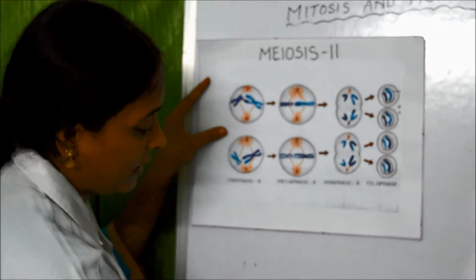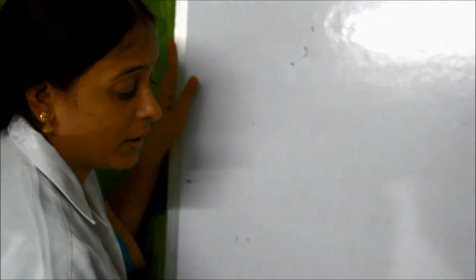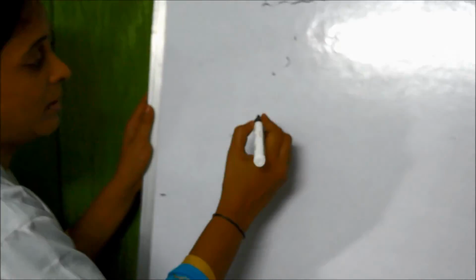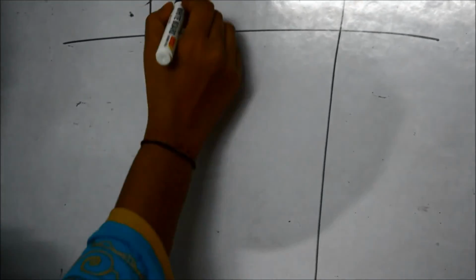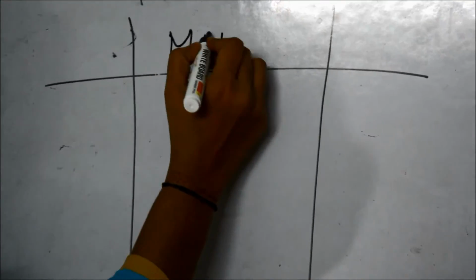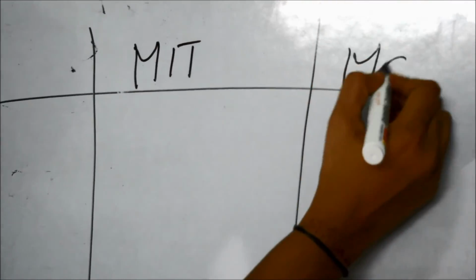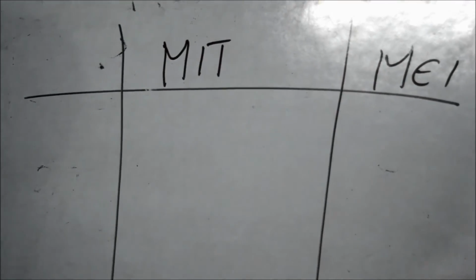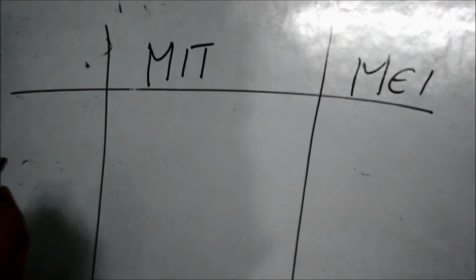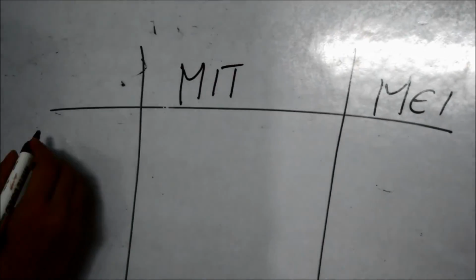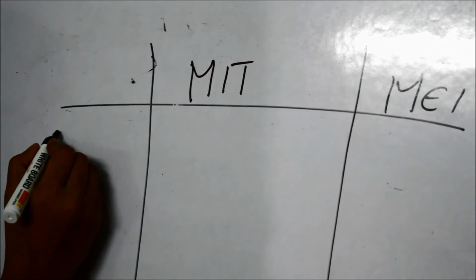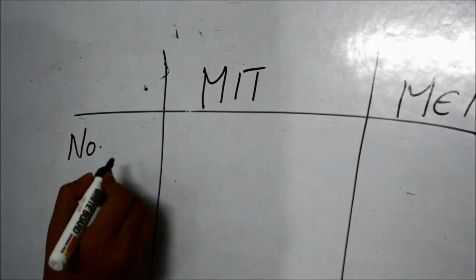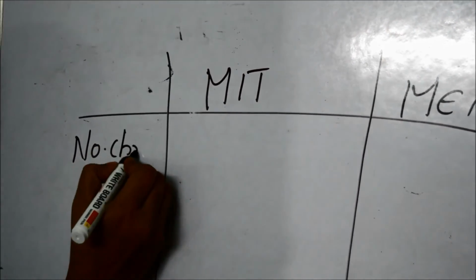Now we will see the conclusion from mitosis and meiosis. From mitosis and meiosis, we have mainly observed 6 differences. First one is the number of chromosomes.